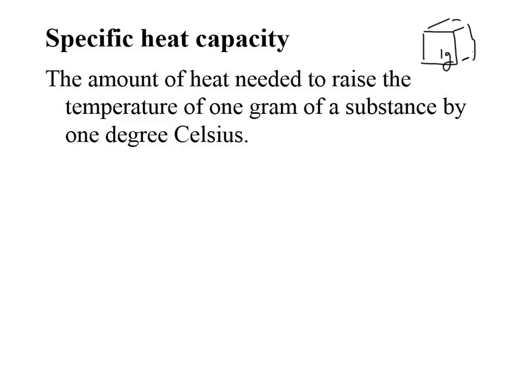And they have zapped it with energy, basically heat energy, in order to get the temperature to go from 14.5 degrees Celsius to 15.5 degrees Celsius. That change there is 1.0 degrees Celsius. That makes sense? So basically they zapped 1 gram with an amount of energy to make it go up 1 degree Celsius. That's it.